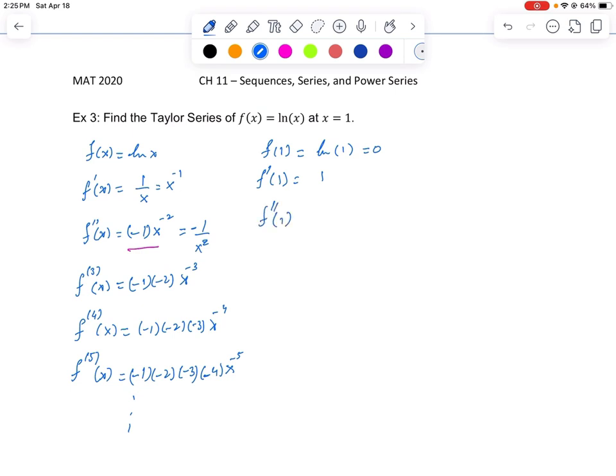And I get what? Negative 1. I will have negative 1 times negative 2.